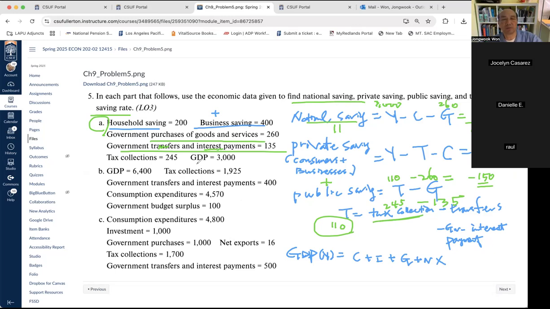GDP is 3,000, so 450 divided by 3,000 is the national savings rate. You have to answer all of this. Any other question on this saving problem?